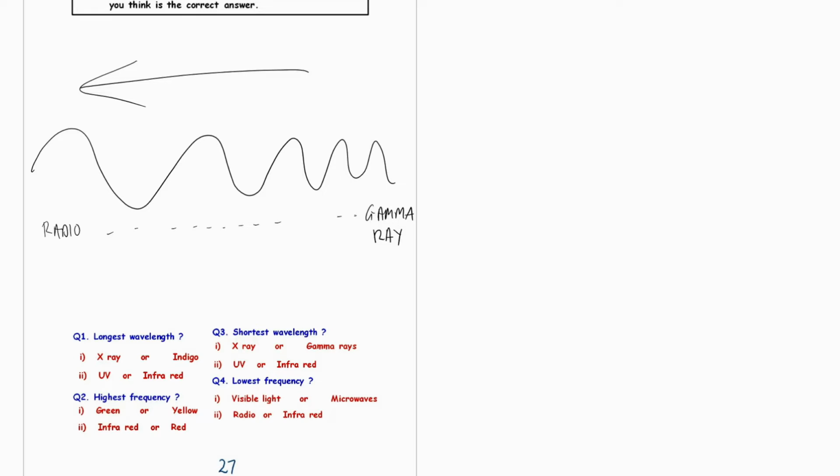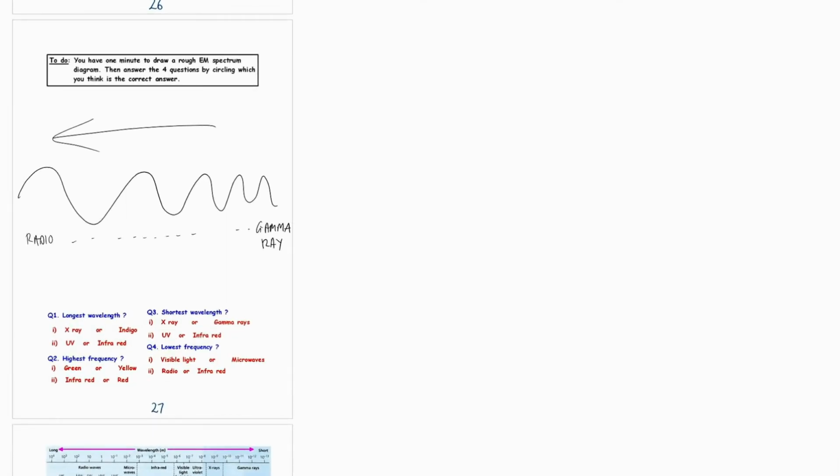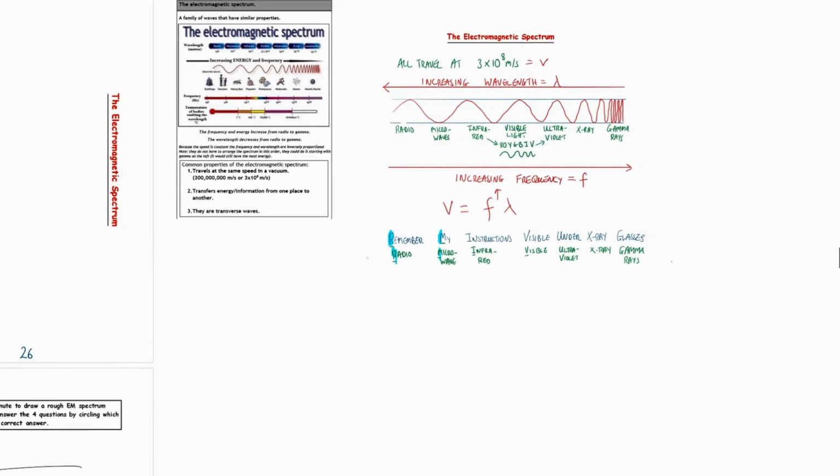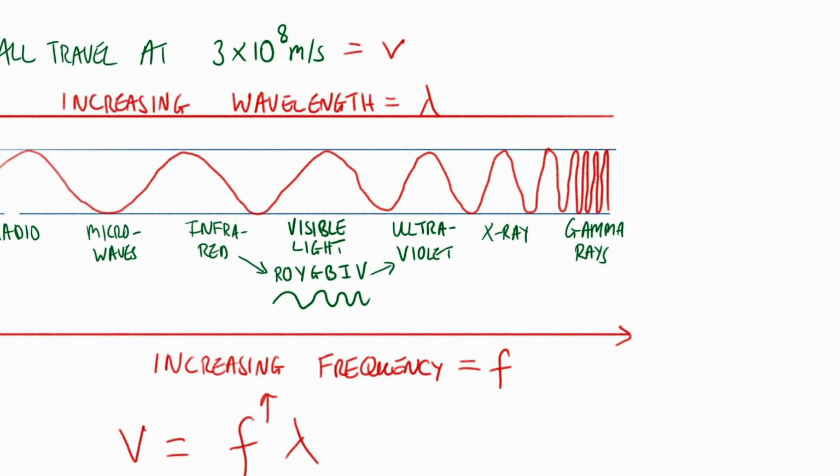So X-ray or indigo. Now indigo is part of the visible spectrum, remember. Perhaps the easiest way to show that is back here. Here's indigo, and there's X-ray and ultraviolet.